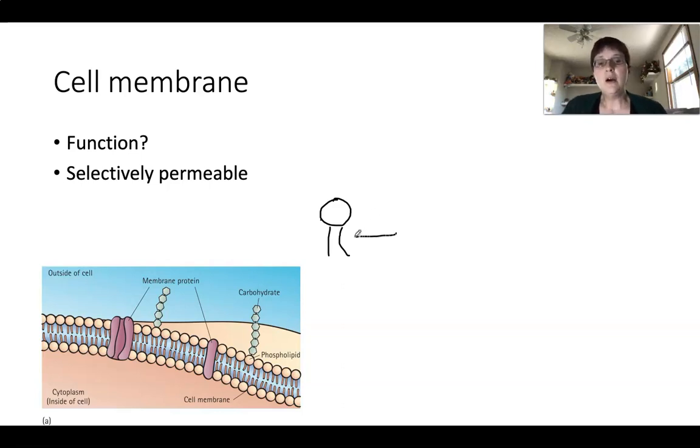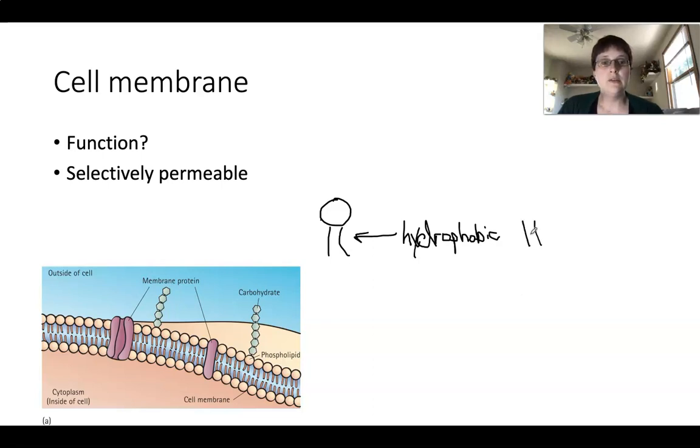So this part of the phospholipid, that part is hydrophobic. Pardon my writing. So that part is hydrophobic. So no water, right?